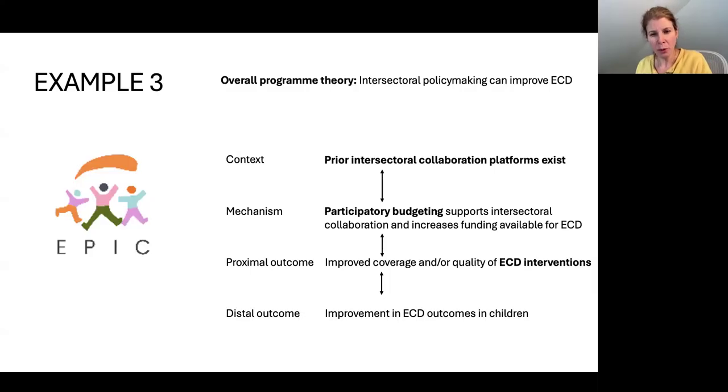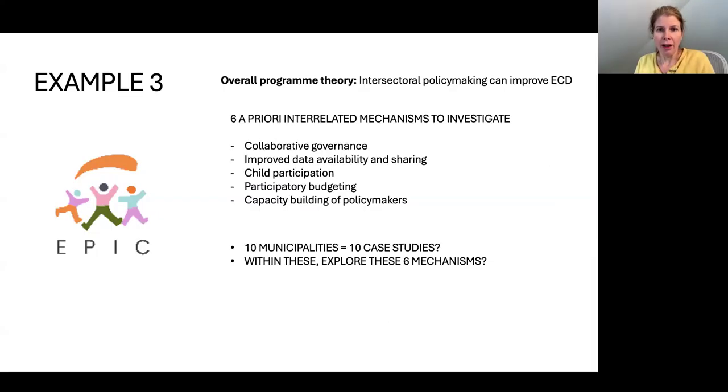So we're going to have to find a way to investigate these different mechanisms and the markers of context that are necessary to activate these mechanisms. So in the theory of change for EPIC, you identified six interrelated mechanisms that might improve early childhood development, and they're listed here on the slides.